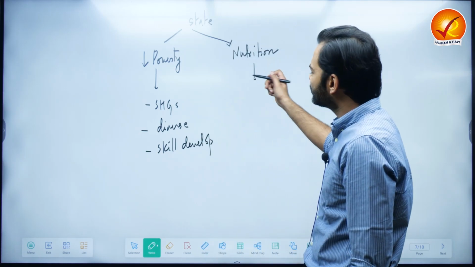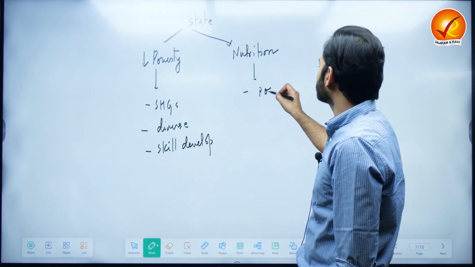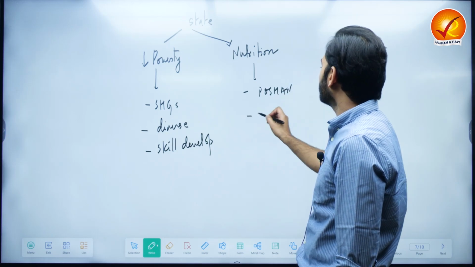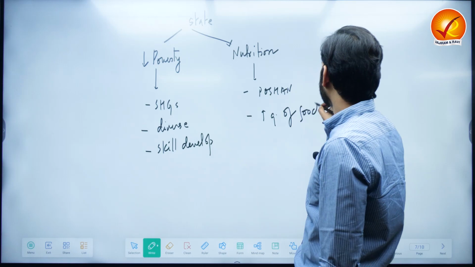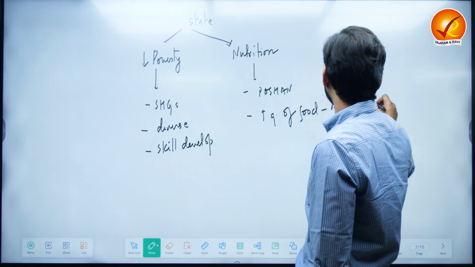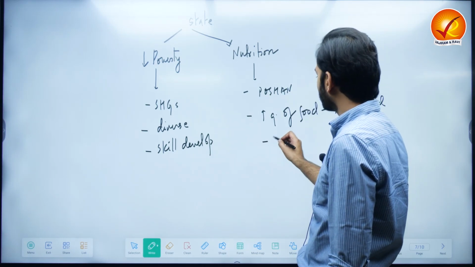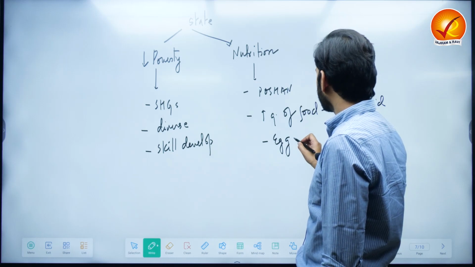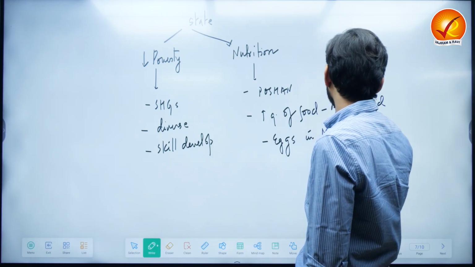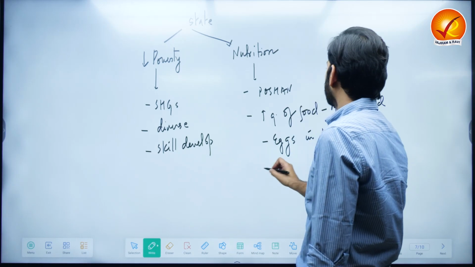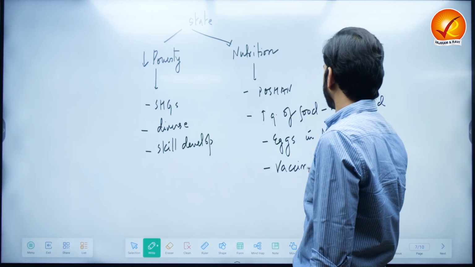Then in nutrition, you can write that the government is already running Poshan Abhiyan. Then improve the quality of food given in Anganwadis and midday meals, make it more nutritious. You can also suggest distributing eggs in midday meals to children. Improving vaccination coverage. You can write like this also.